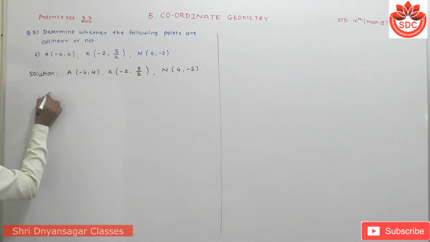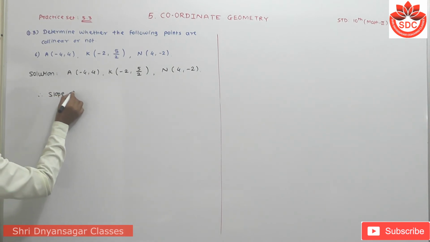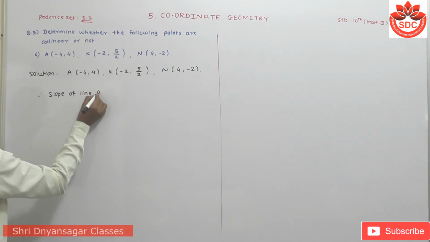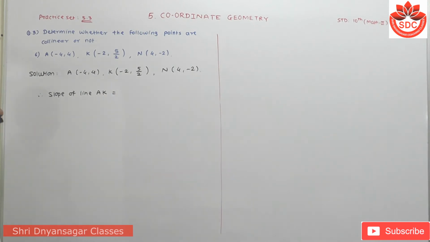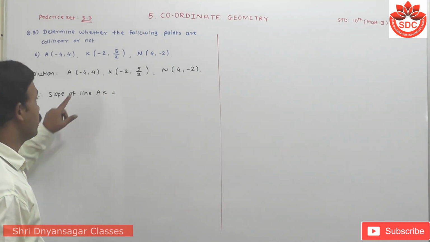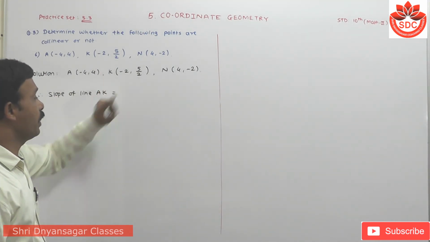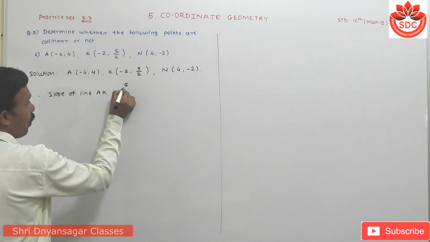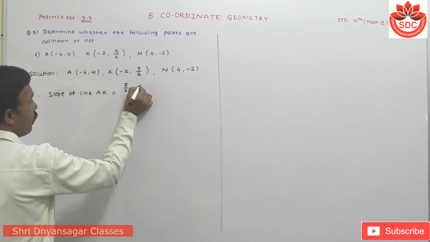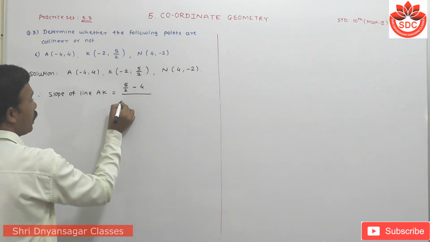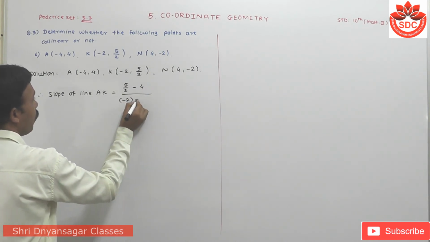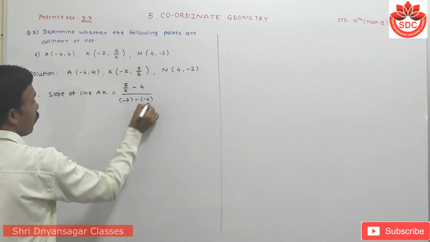Student, first I have to find the slope of line AK. We use the formula y2 minus y1 upon x2 minus x1. This is x1, y1, x2, y2. So y2 is 5 upon 2 minus y1 is 4, upon x2 is -2 minus x1 is -4.